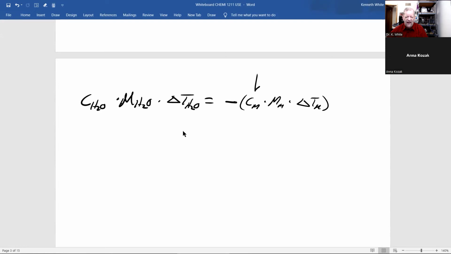Now, in this lab, we're trying to solve for the specific heat of the metal. I'm not going to go through the steps. I've done it for you.